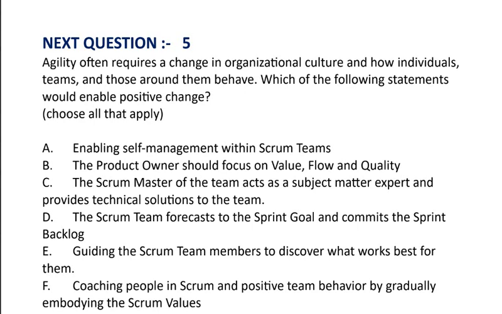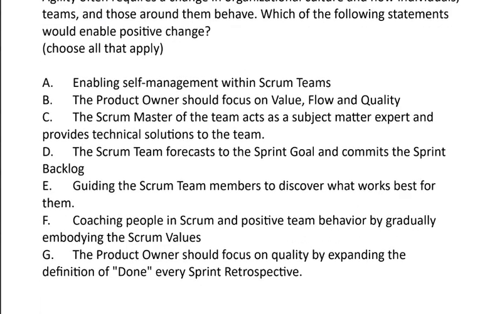Question is agility often requires a change in organizational culture and how individuals, teams, and those around them behave. Which of the following statements would enable positive change? Choose all that apply. Option A, enabling self-management within Scrum teams. Option B, the product owner should focus on value, flow, and quality. Option C, the Scrum Master of the team acts as a subject matter expert and provides technical solutions to the team.